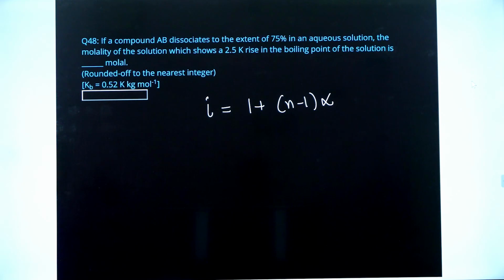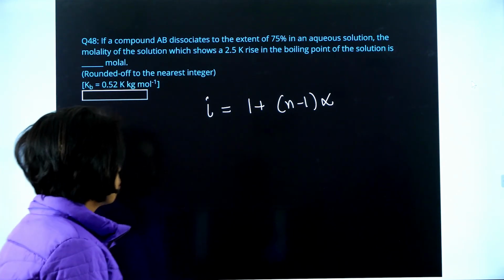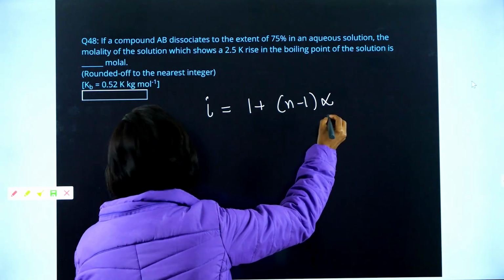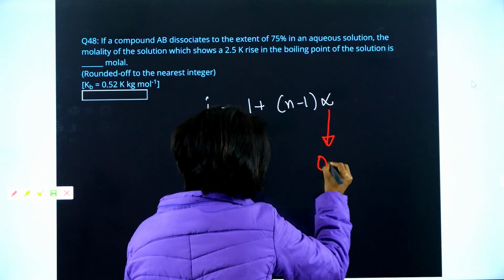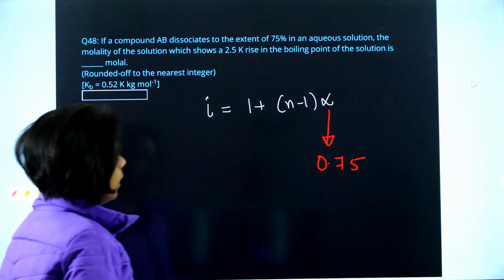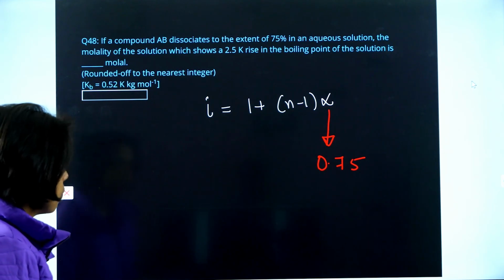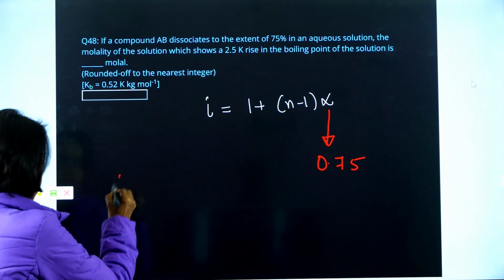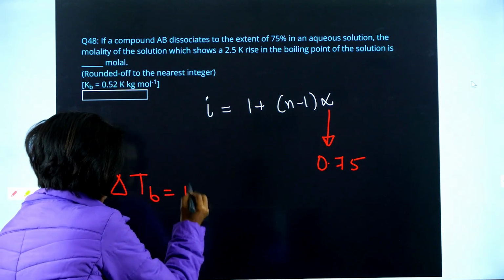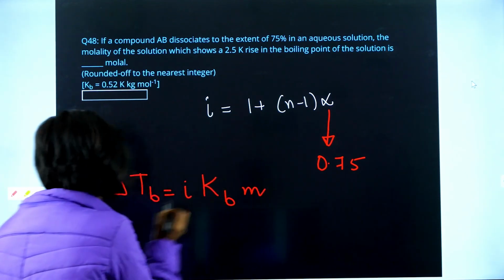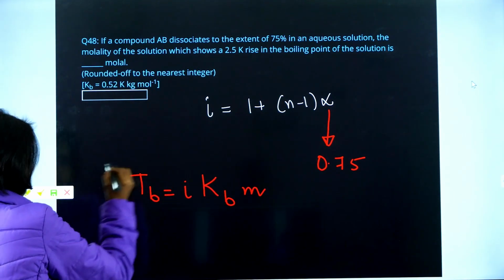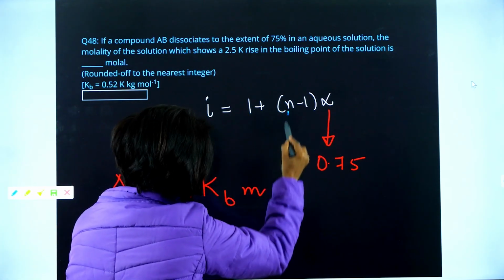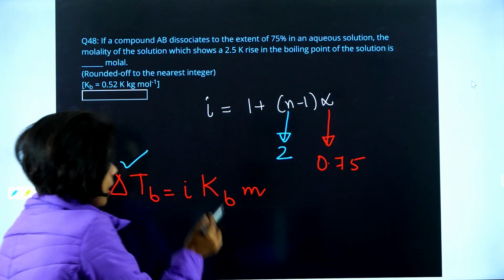Next question. If a compound AB dissociates to the extent of 75%, so alpha here is 0.75. Right? The molality of the solution which shows a 2.5 Kelvin rise in boiling point, delta Tb, is given to you as 2.5. The van't Hoff factor i you will calculate from here. Alpha is given. AB will dissociate to give 2 particles, so you will get i.